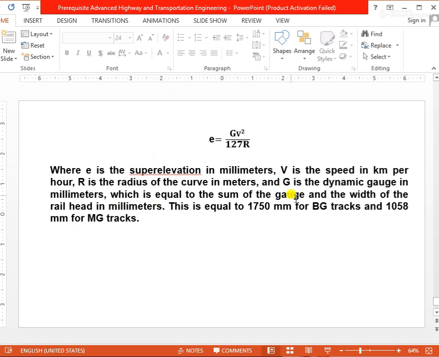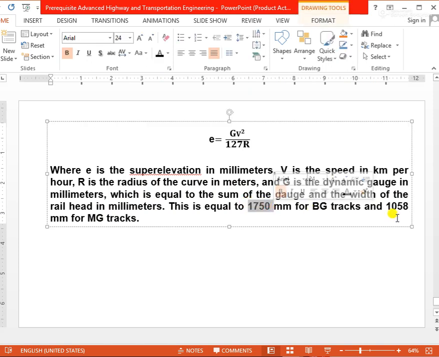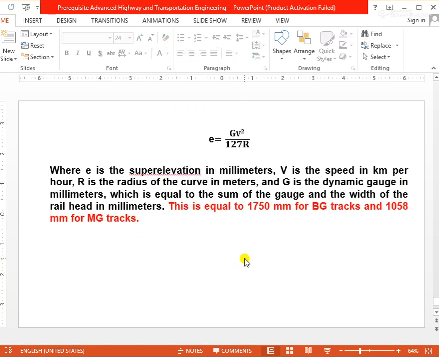It is equal to the sum of gauge and the width of rail head in millimeters. Sum of gauge and the width of the rail head in millimeters. This is equal to 1750. You should keep this value in your mind. This value is important for numericals.